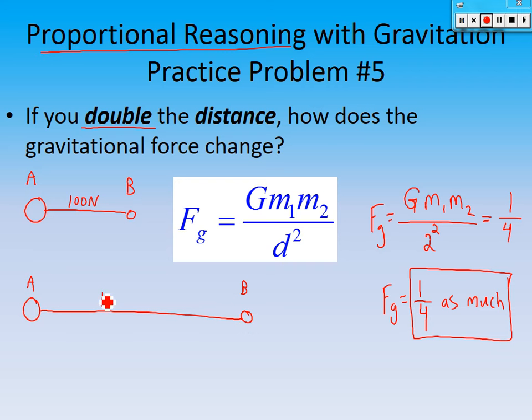The force of gravity between these two would be 1/4 as much as it was before, so this would be 25 newtons. That should make sense from what we did with the inverse square law, because all that's happening here is we're taking the square of the distance between them, and now it's going to be 1/4 as much. So the answer to that was 1/4 as much.